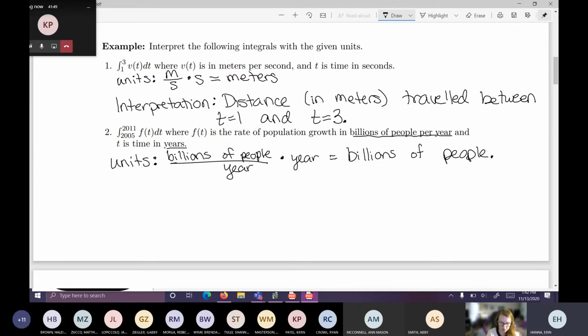So that's essentially what I'm going to write down. So the interpretation, it's essentially a change in that unit value. So it's a change in population. Let's say in billions of people.